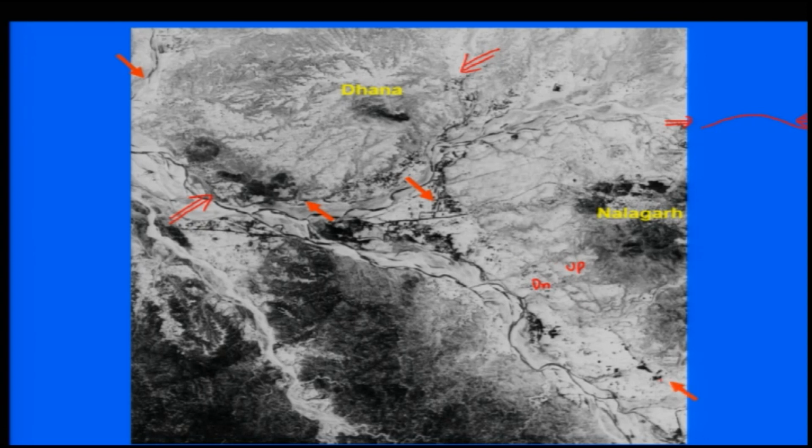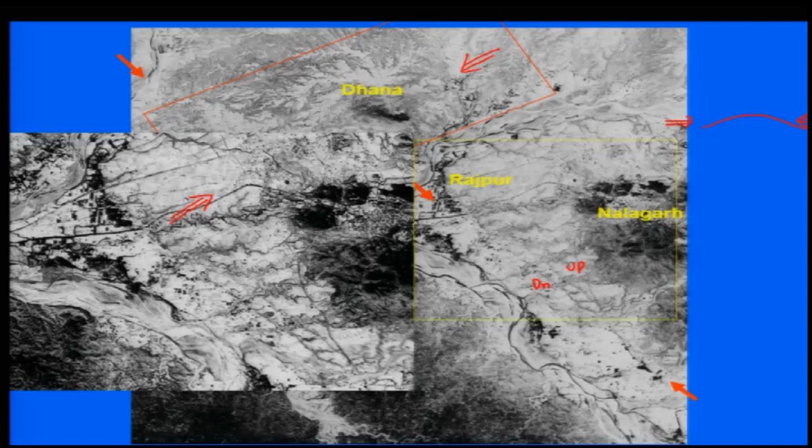Okay. Now, further when we looked at this one, what we found was that in the portion which is uplifted, okay, the drainages are showing very tight meanders, whereas when it comes to the downthrown side or the footwall side, then the drainage becomes almost straight. So, this is the portion here.